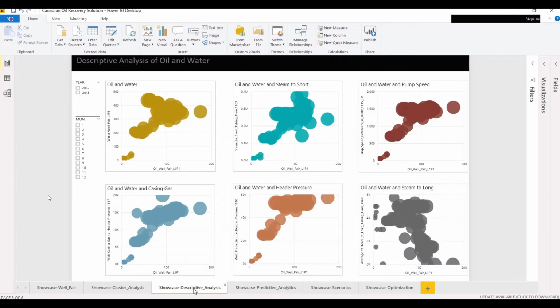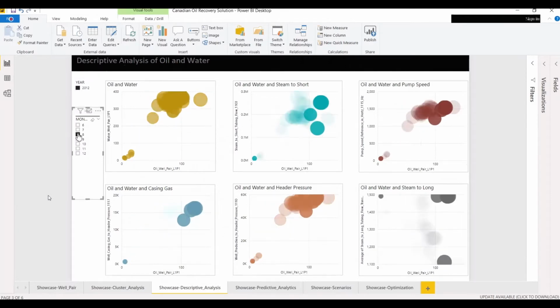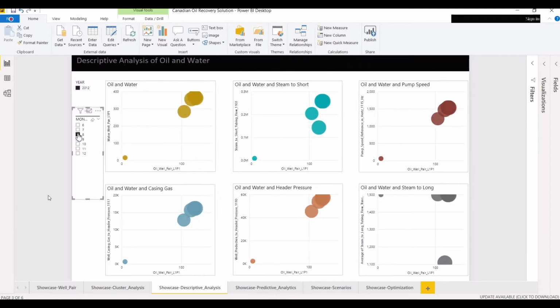So here you're seeing a descriptive analysis of the relationship between oil and water over time. One can also click the year, one can click the month, and see how the relationships between oil and water change over time. That displays the descriptive analysis of oil production data.